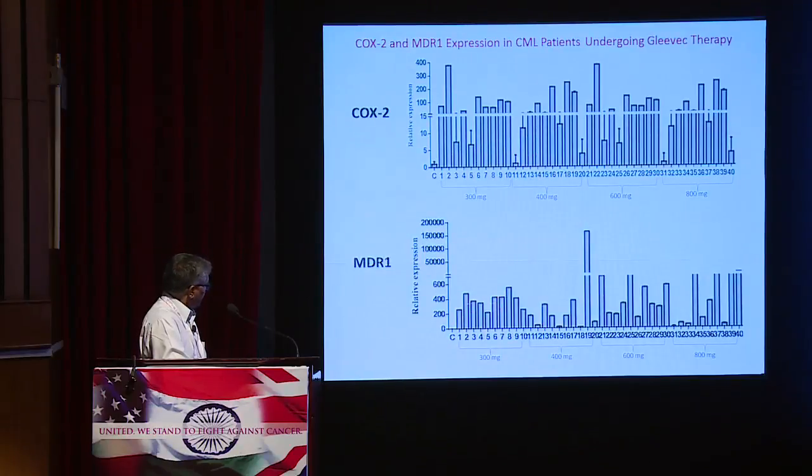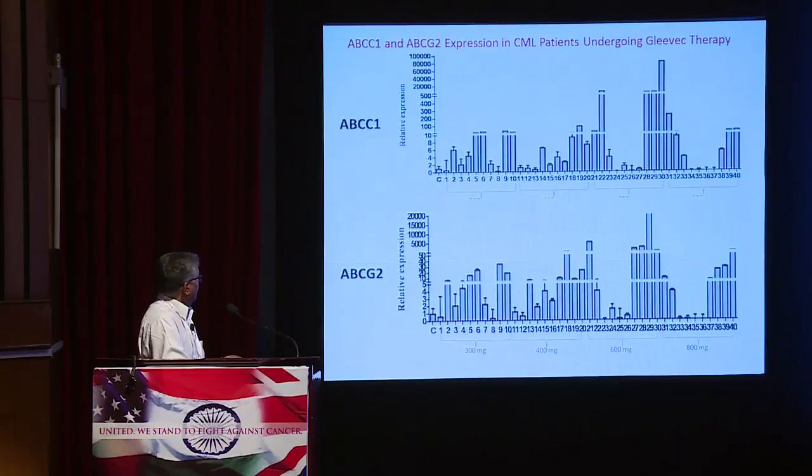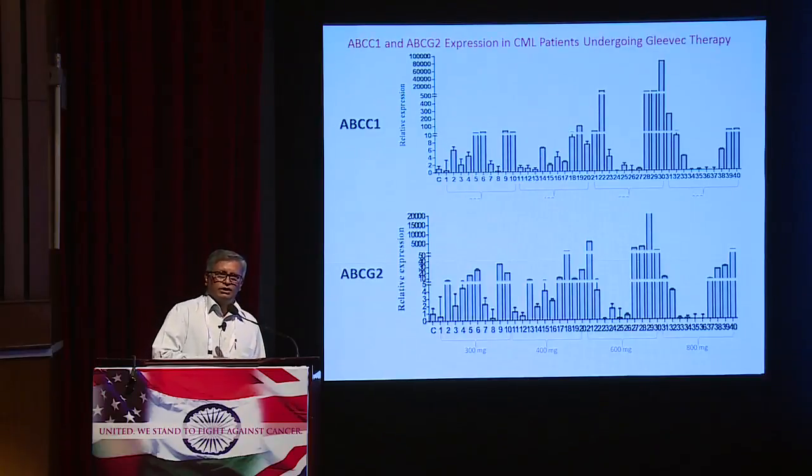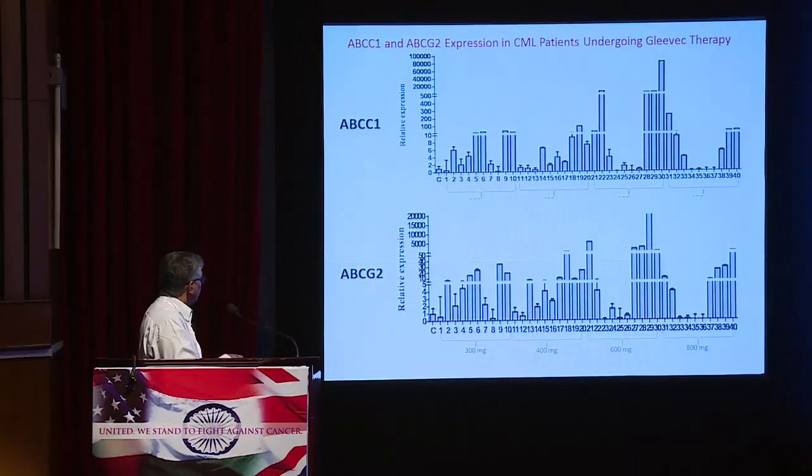And the same is the case with MDR1, which is also higher. And in addition to MDR1, there are other efflux pumps also, ABCC1 and ABCG2, which the other speaker was mentioning. They were also higher compared to the control in the various patients.